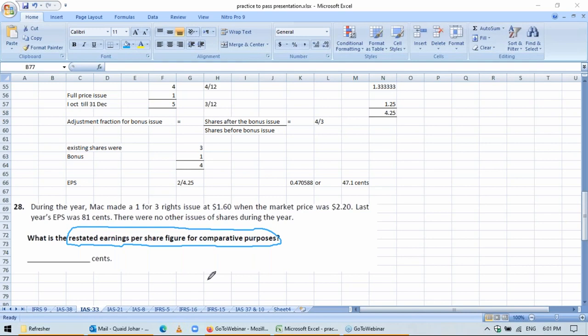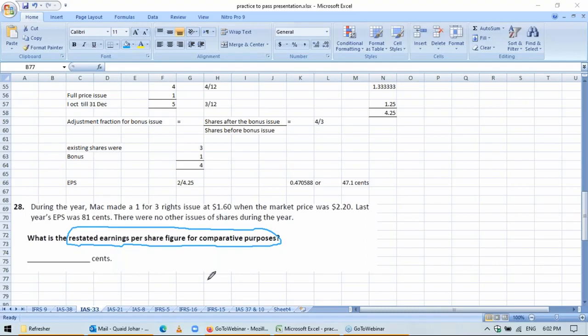As I said, if a right issue or a bonus issue takes place, we have to adjust the ordinary shares outstanding which were present prior to the bonus or the right issue. The adjustment fraction was applied to the outstanding shares prior to the right or the bonus issue.